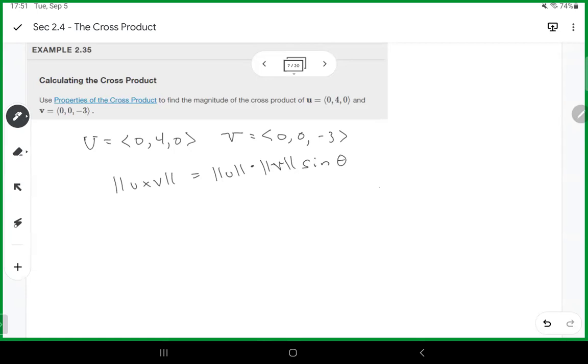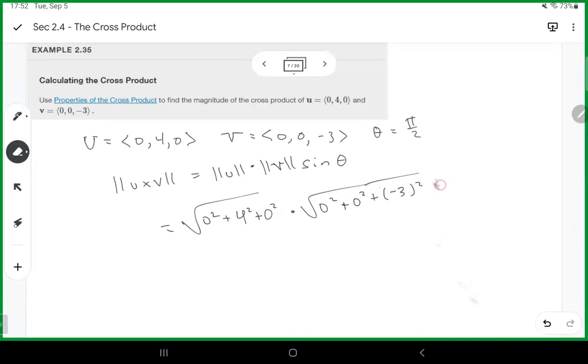Which we apparently know to be pi over 2. So we would have the square root of 0 squared plus 4 squared plus 0 squared times the magnitude of V, 0 squared plus 0 squared plus negative 3 squared, sine pi over 2.